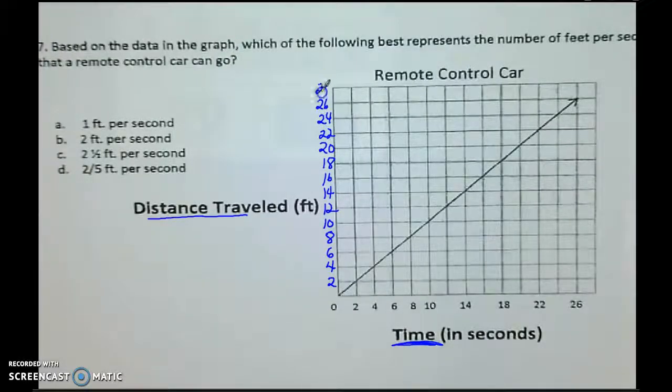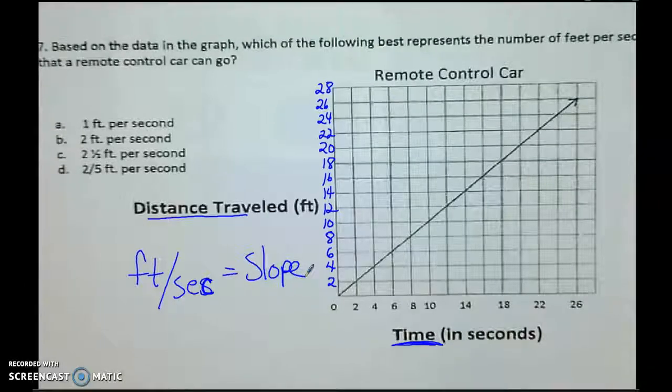So using that information, you're going to figure out which of the following best represents the number of feet per second. If we're talking feet per second, we're really talking about the slope, or the rate of change. So that's what you're looking for. You're looking for the slope, and it will either be A, B, C, or D.